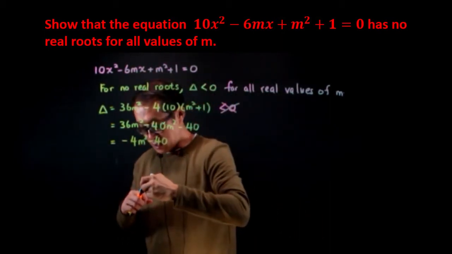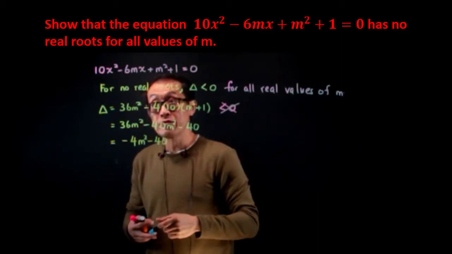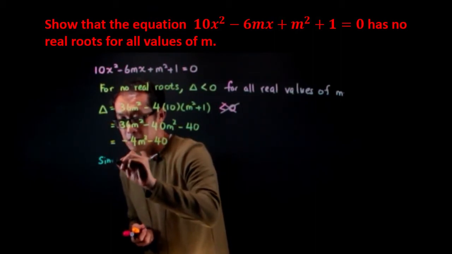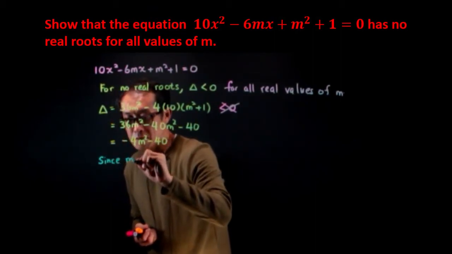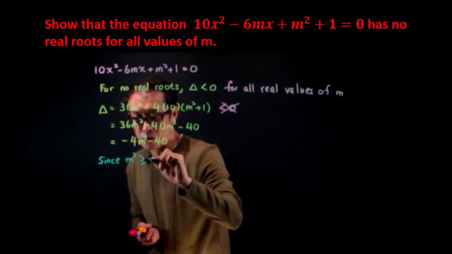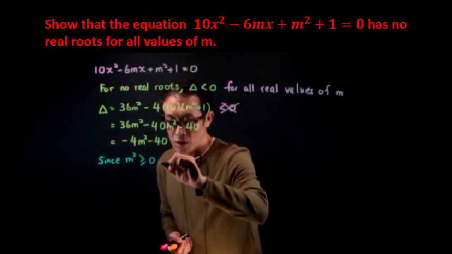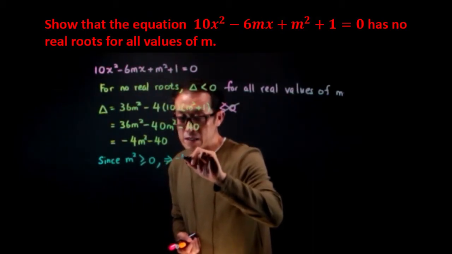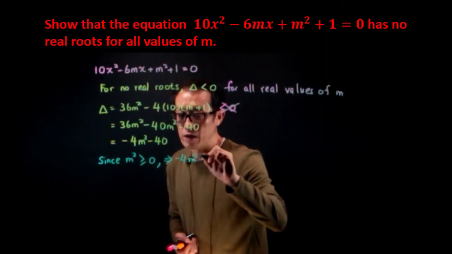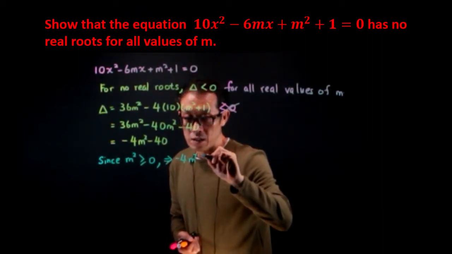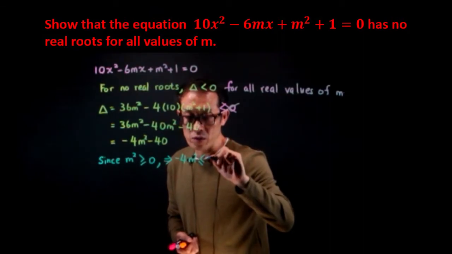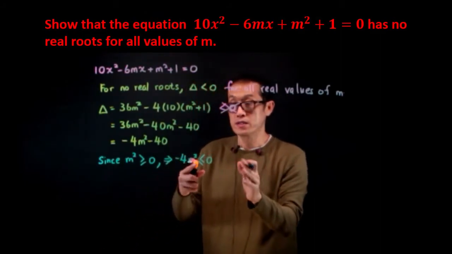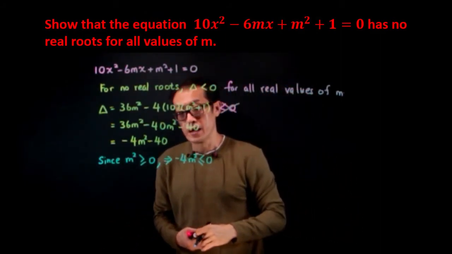Now, since m squared is greater than or equal to 0, then it implies minus 4m squared is smaller than or equal to 0, because you times a negative 4, you must flip the sign.